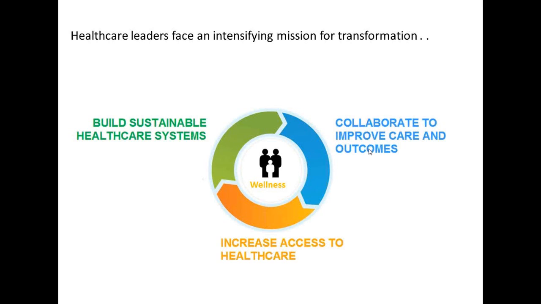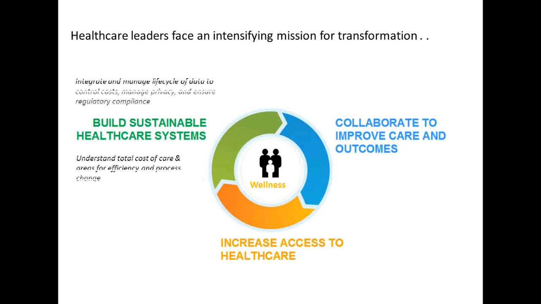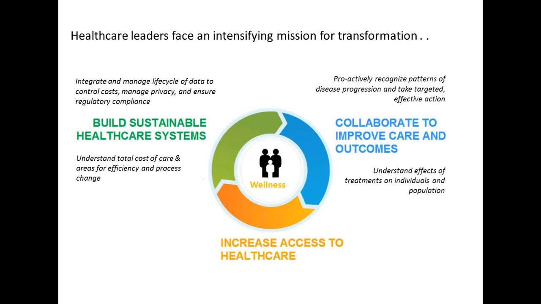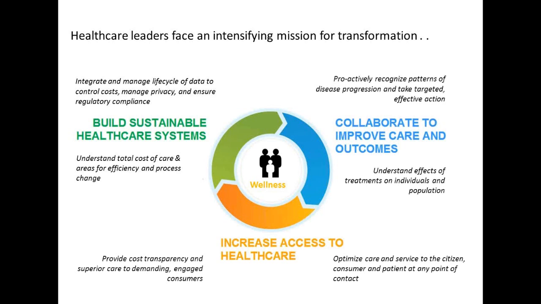And as the slide shows you, and you can advance through this, what I hear uniformly around the world is that leaders are trying to address how to build a sustainable health system, whether it's financial or clinical, how to collaborate to improve care, and how to increase access to care. And as I said, it's uniformly around the world that I hear these objectives of what people are really trying to accomplish.